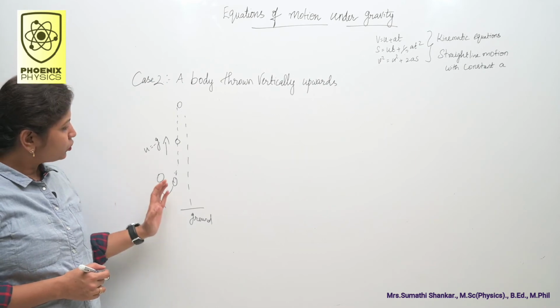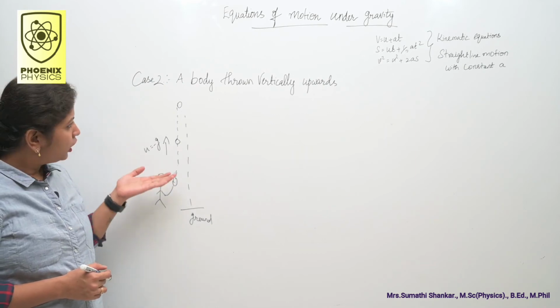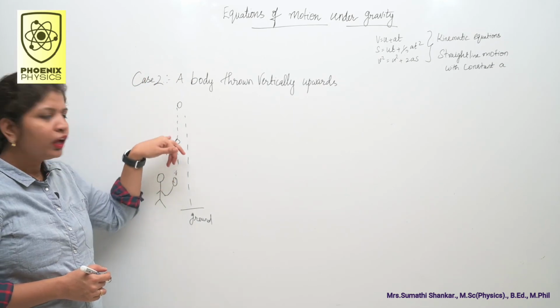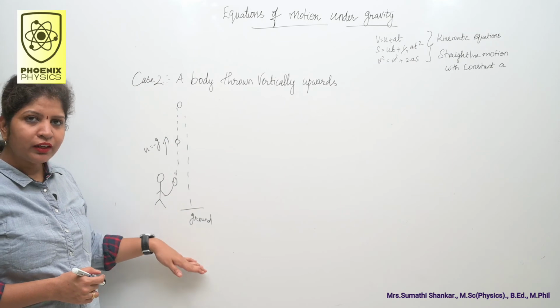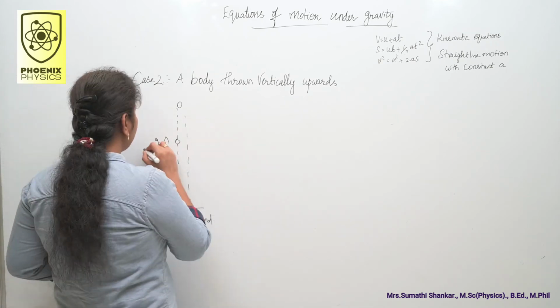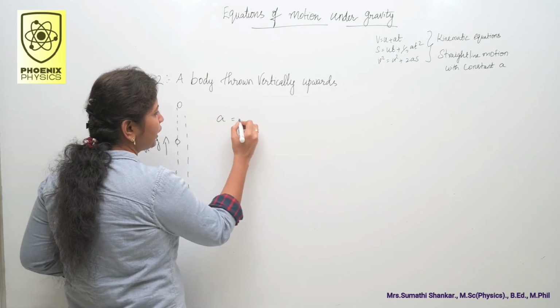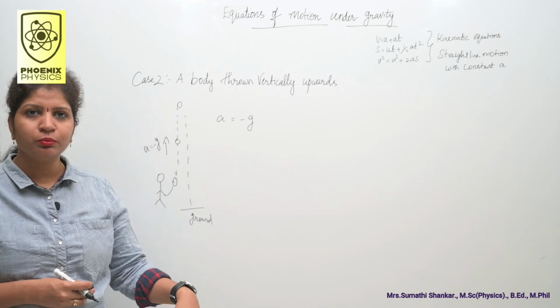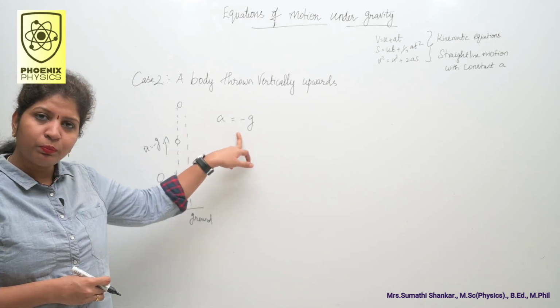Here, suppose you throw the ball in the upward direction, which means the body is moving opposite to the earth's gravitational force, right? So here a can be taken as minus g. Suppose the object moves vertically downwards, then a is equal to plus g.